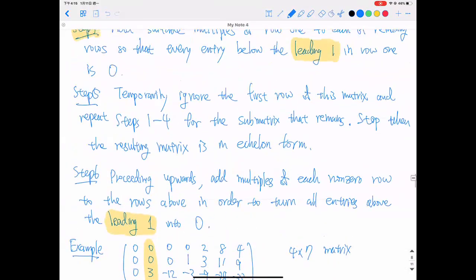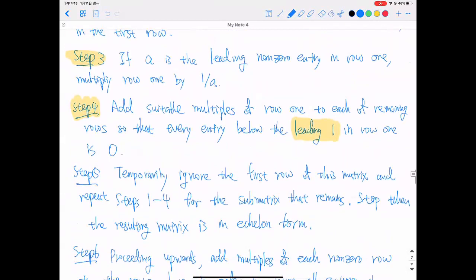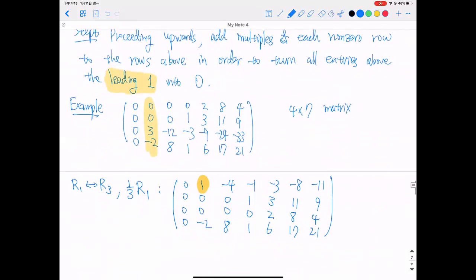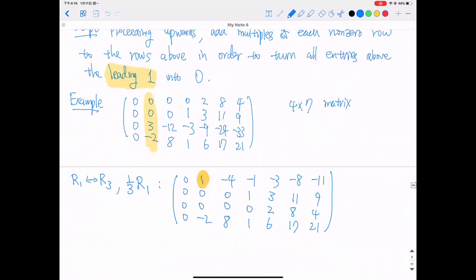Now what the next step tells us is to make all the entries below this leading one 0. That's what step 4 tells us to do. And in this example, this leading one sits in row 1, so the only entries below it, and 2 of them are already 0.